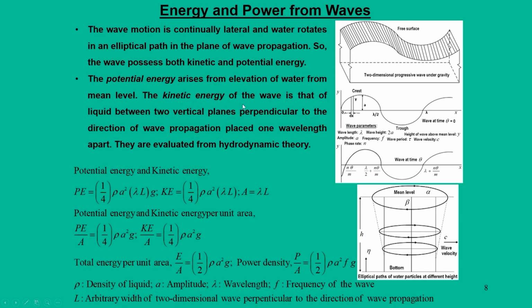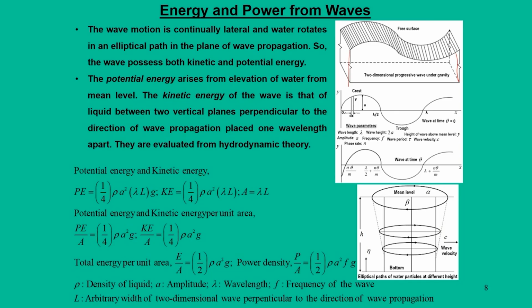Another is the kinetic energy of the wave, which is the energy of the liquid between two vertical planes perpendicular to the direction of wave propagation placed one wavelength apart. Within that wavelength, the water particles or slug of water possess energy by virtue of their velocity.